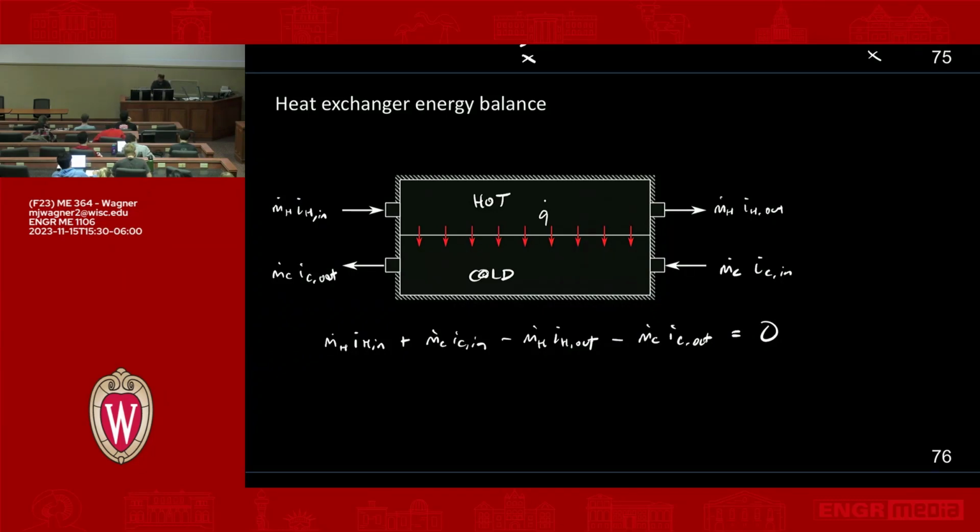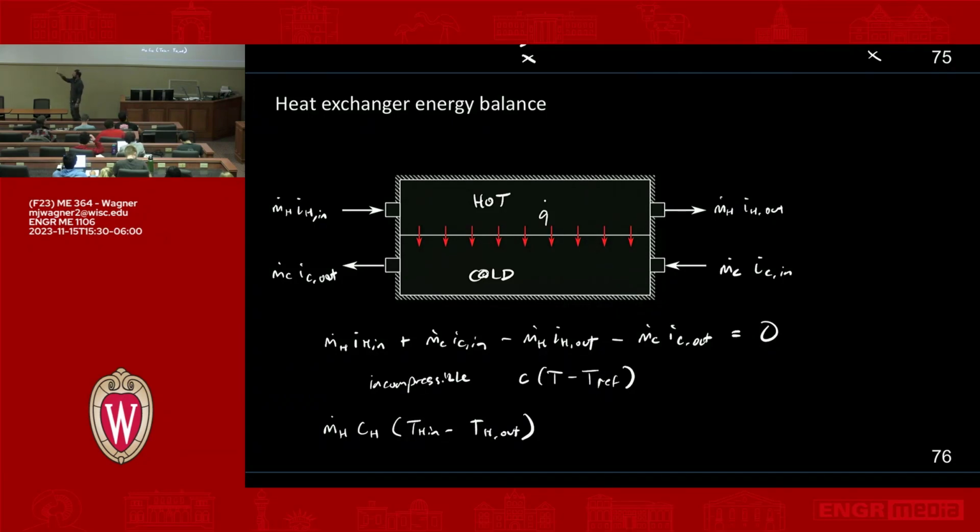Okay, so that's the overall energy balance. If we make the assumption now that it's incompressible flow, that means we can say enthalpy is basically c, the specific heat, times some temperature, minus a reference temperature, something like that. We can then rewrite this as follows. It's just m dot h times specific heat c h times T h in minus T h out. And hopefully everybody sees where that comes from.